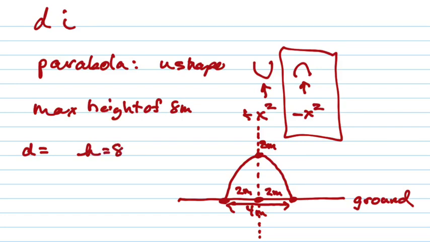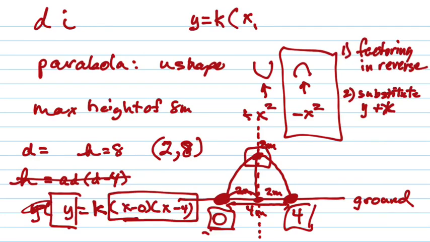And they don't give you this formula, do they? So we factor in reverse because we know that these are the zeros of our polynomial. And then we're going to substitute our y and our x to be able to work it out.